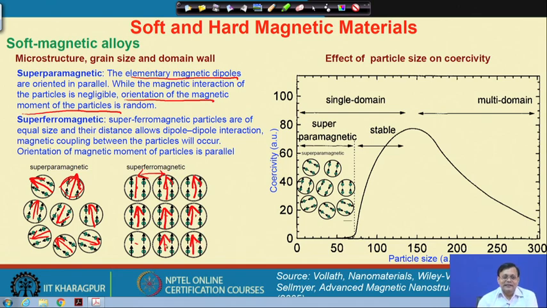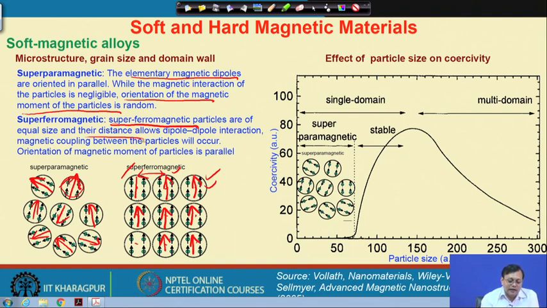Now, in that case you can see the material behavior becomes ferromagnetic. Okay. So, the super ferromagnetic particles that are equal in size, because the individual domain should have the same number of atomic magnetic spins that are oriented in the same direction.